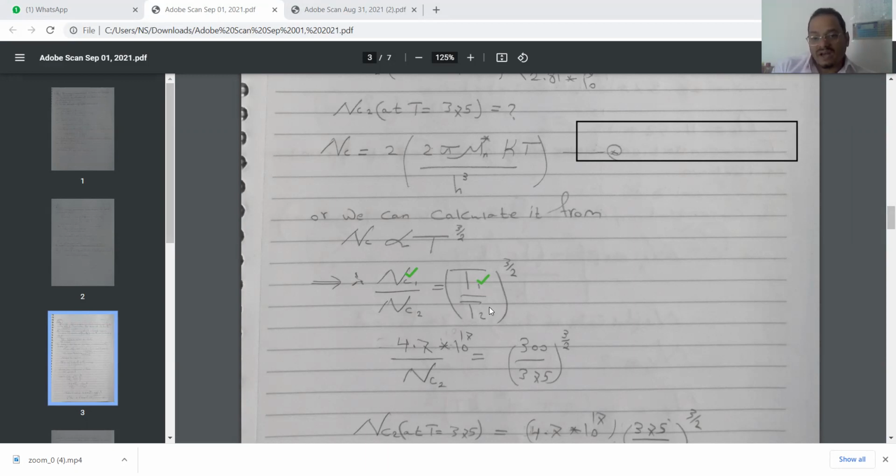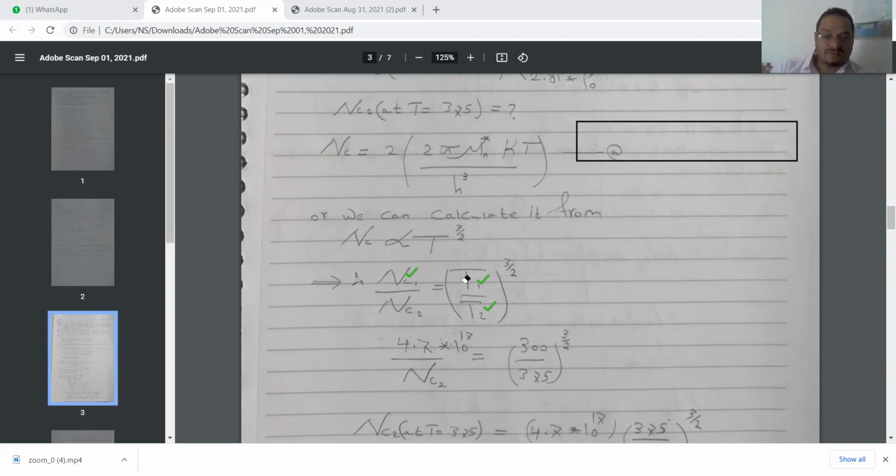T2, the author gave us, is 375. That means from this relation we have three results. By using all these results, I can calculate the new effective density at the conduction band.